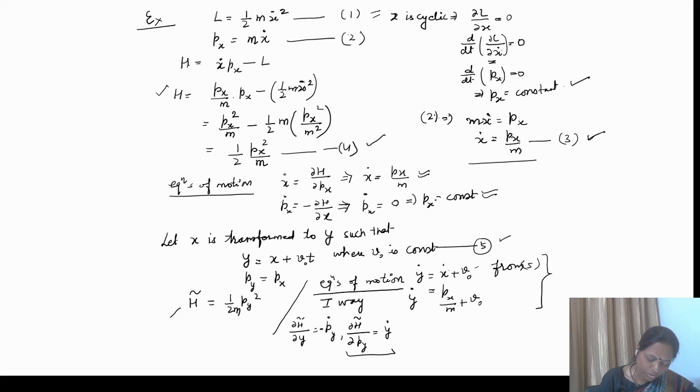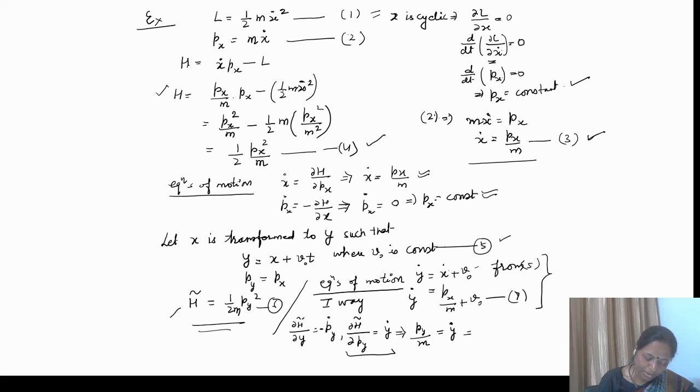So if I use this one from 6, I get py upon m equals y dot.